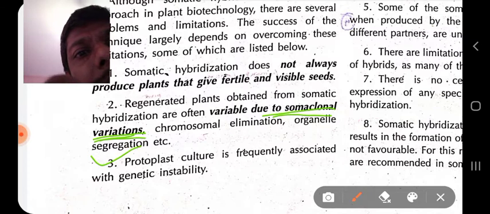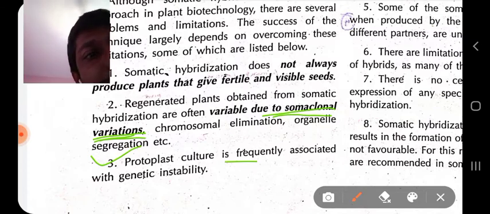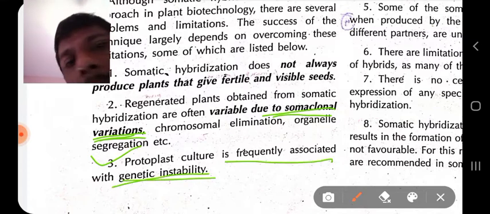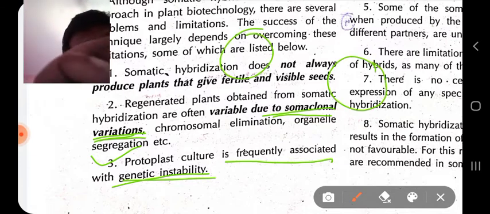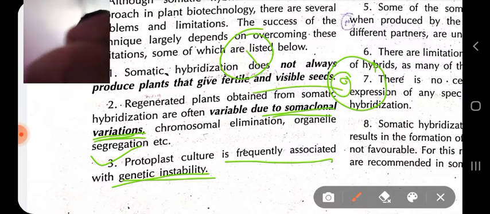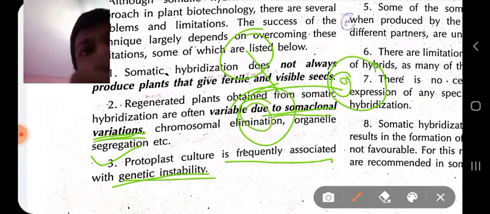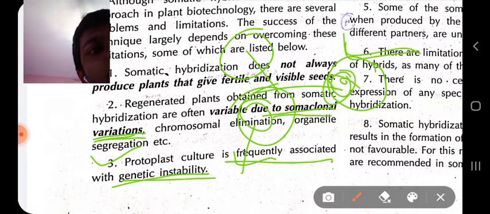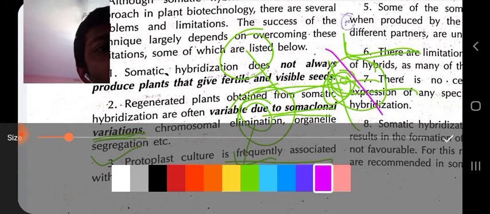Third problem, protoplast culture is frequently associated with genetic instability. Suppose we want to introduce some genetic features from plant cell B, contained within the nucleus. During fusion, it forms a heterokaryon. That's okay, good. But during successive cell divisions, the strain B nucleus, all of its chromosomes, are eliminated.